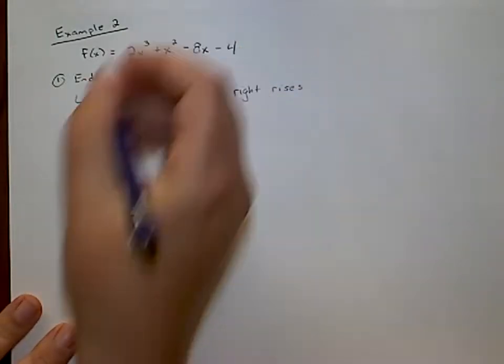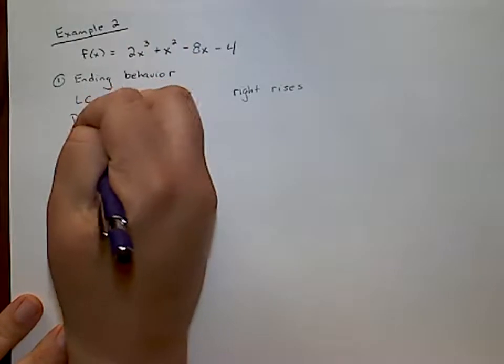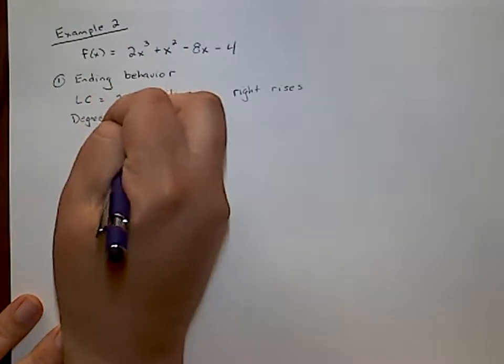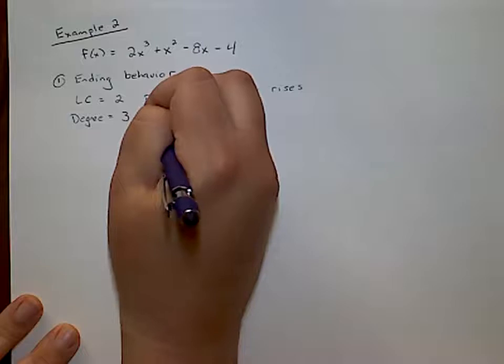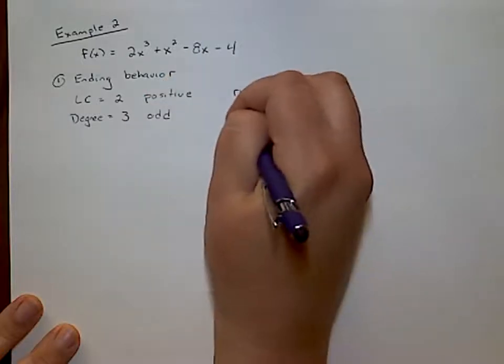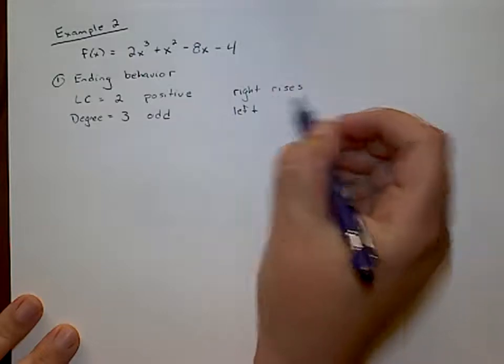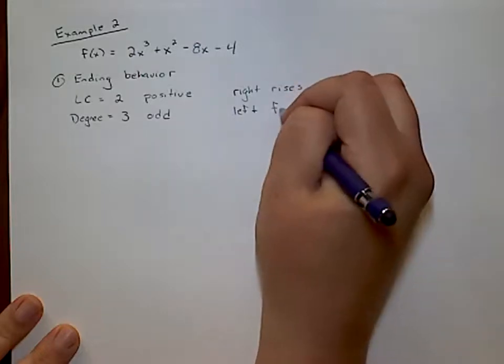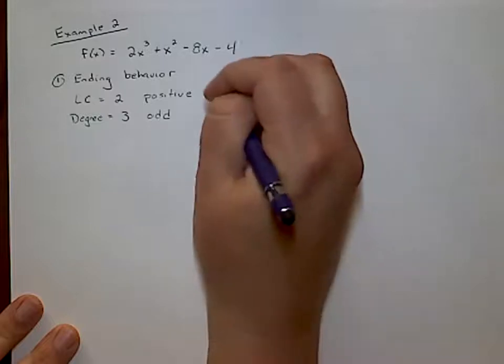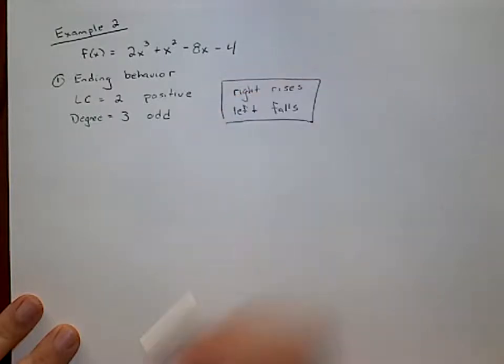Then we look at our degree. Our degree is 3, an odd number. So our left side does the opposite of what the right side does. The right side rises, so the left side falls. That is needed information right there.